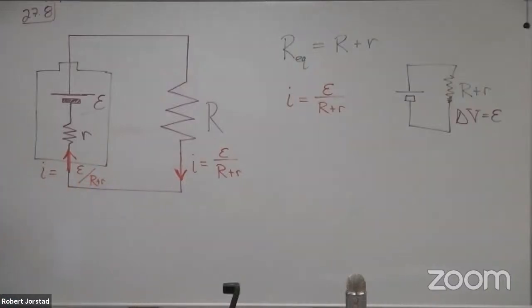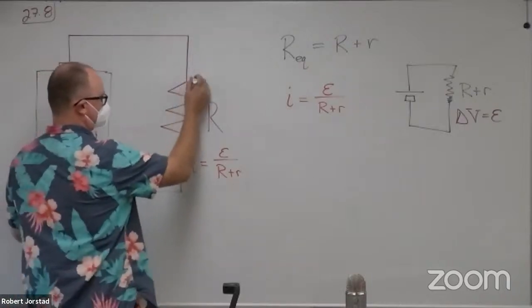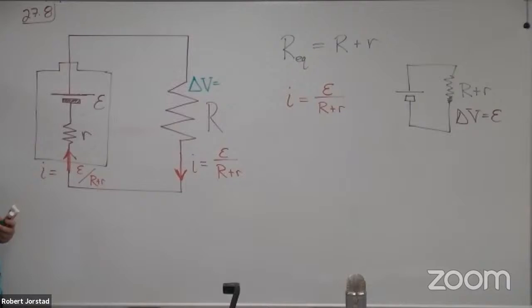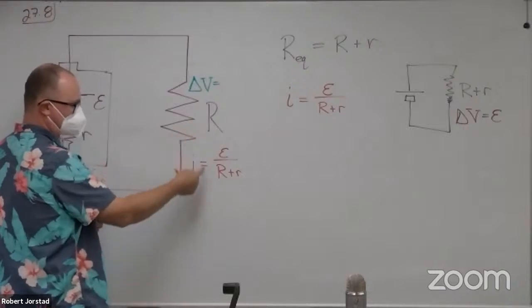Now in this case, how much voltage is across each thing? So what's the voltage across this term? Oh. Voltage equals IR, does it not? V equals IR. Well, I know the current through this resistor.